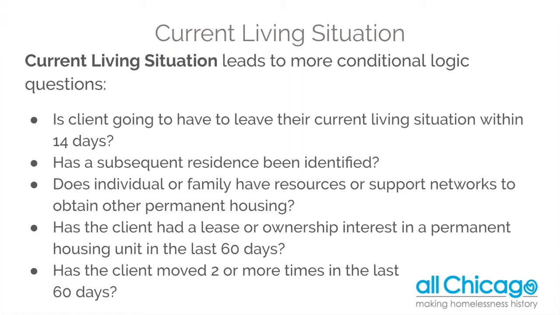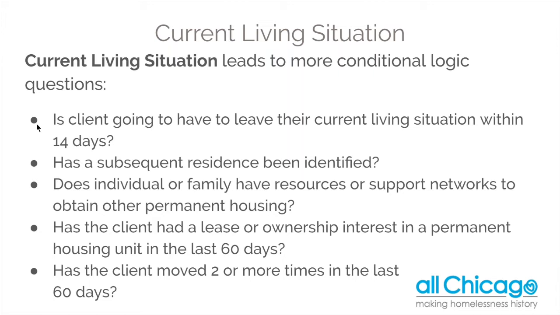Here, these questions are linked almost directly to category 2, imminent risk of losing housing, and I know because it's asking whether or not the client has to leave their current situation within 14 days. The requirement to meet that housing status is that the client has had notification that they have to be out of that property within 14 days, and that they don't have any subsequent residence yet identified.